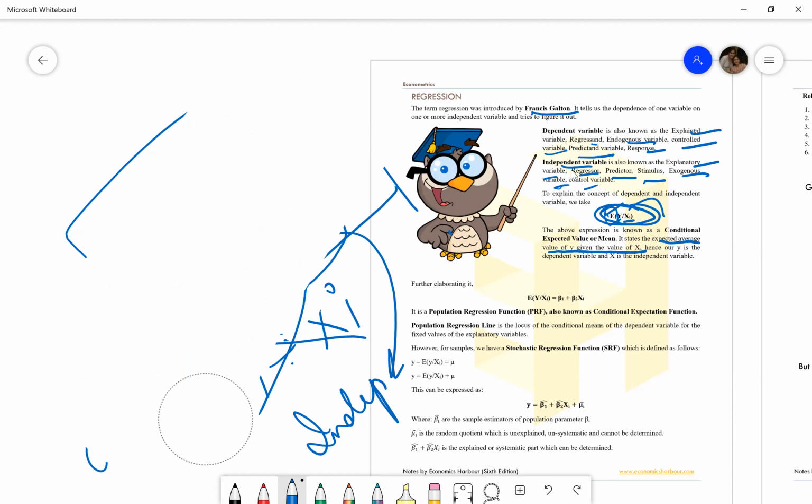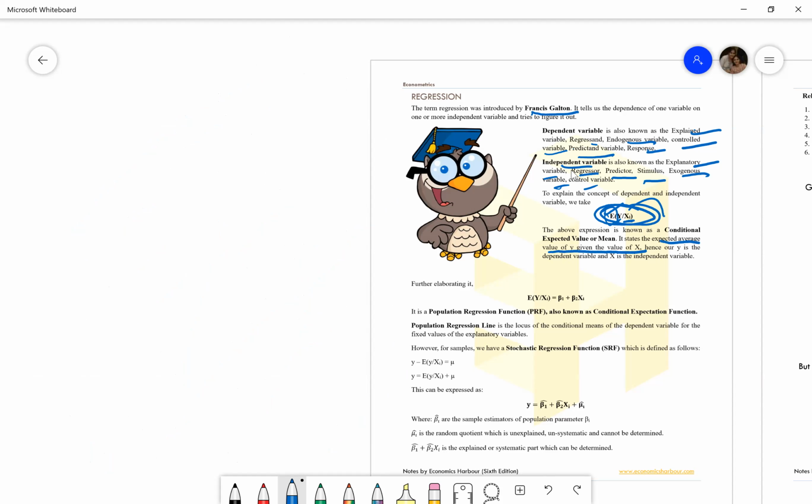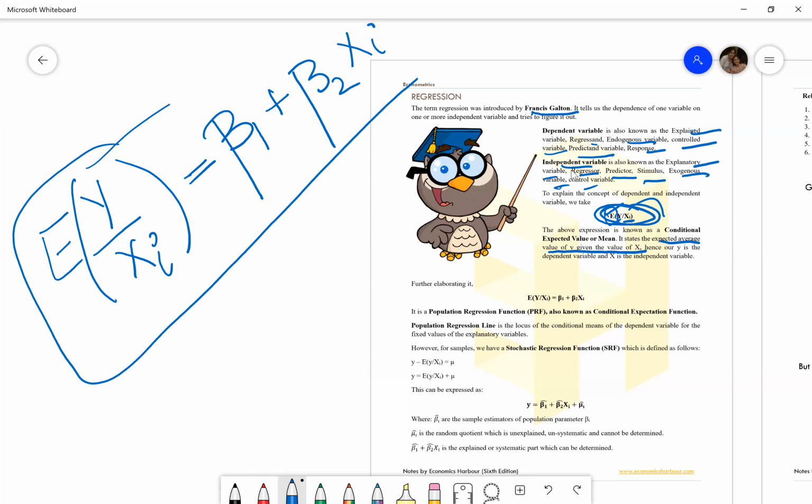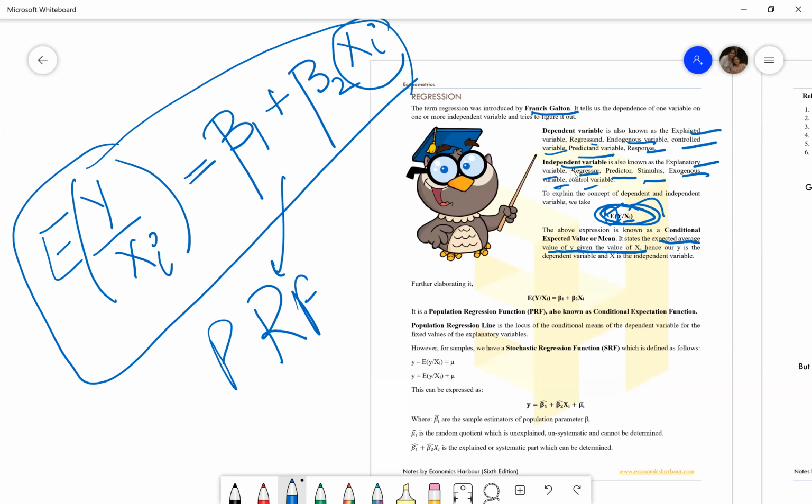So when we have to find the value of Y in econometrics, we always write the value of Y is equal to a coefficient beta 1 plus beta 2 Xi. Now, this is known as your population regression function. Why? Because this Xi includes all the elements.